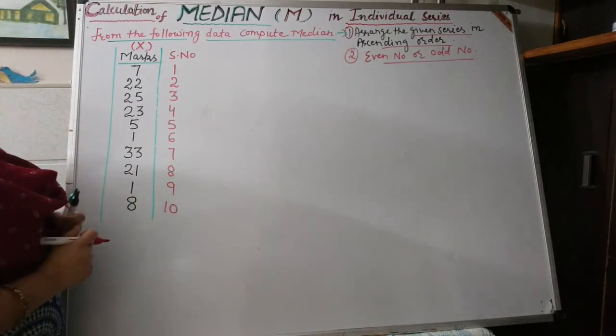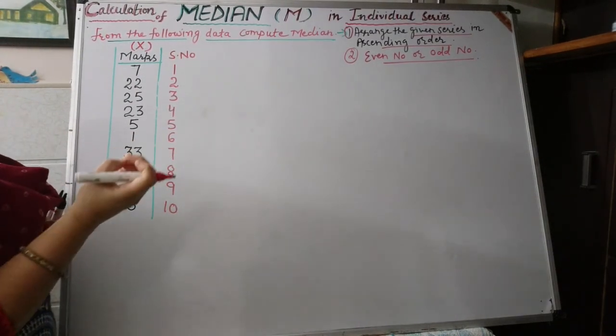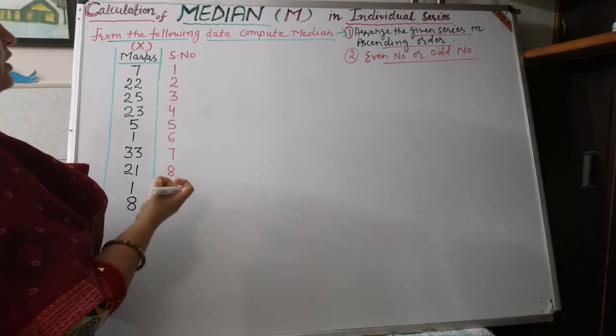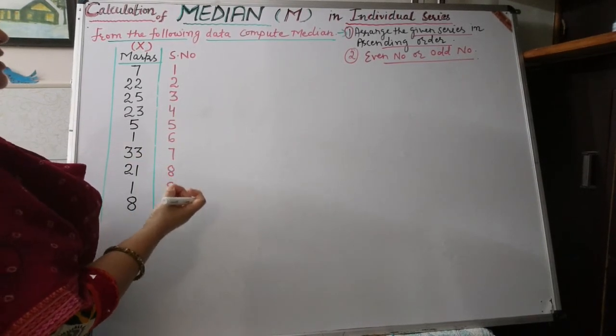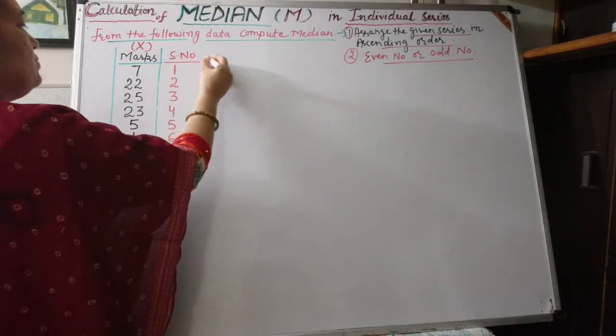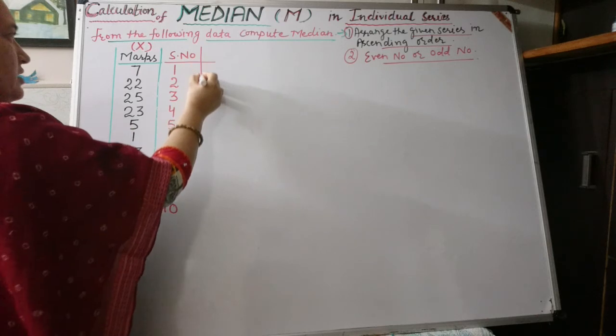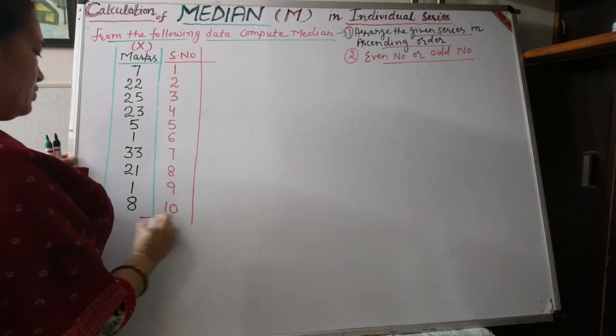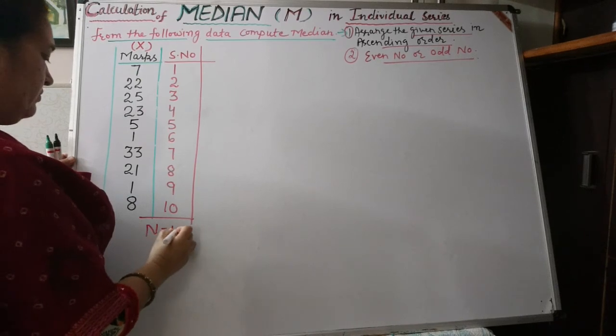If even numbers are there, then the sum will be a little bit tough, and I will also calculate the median with the help of odd numbers. So here 10 serial numbers are there, which means 10 students. Total number of students n is equal to 10.